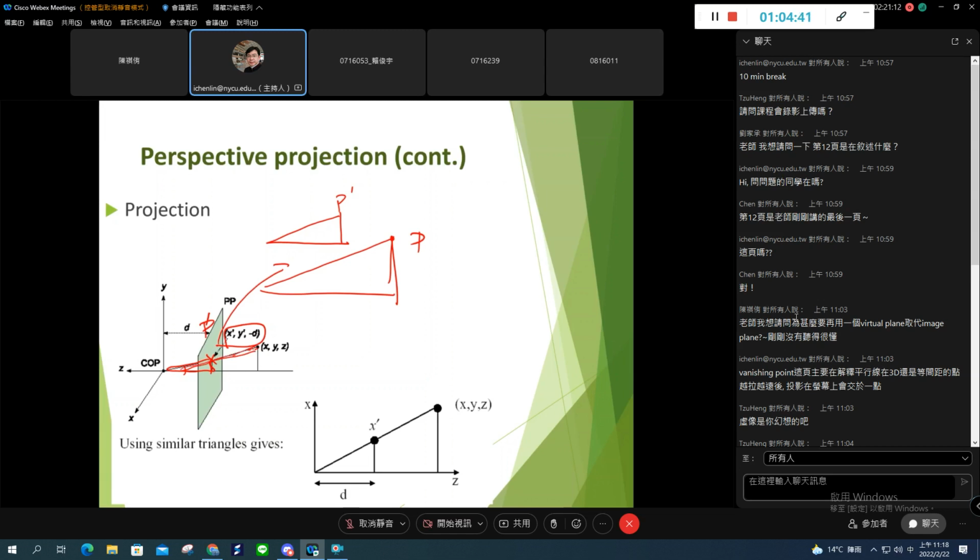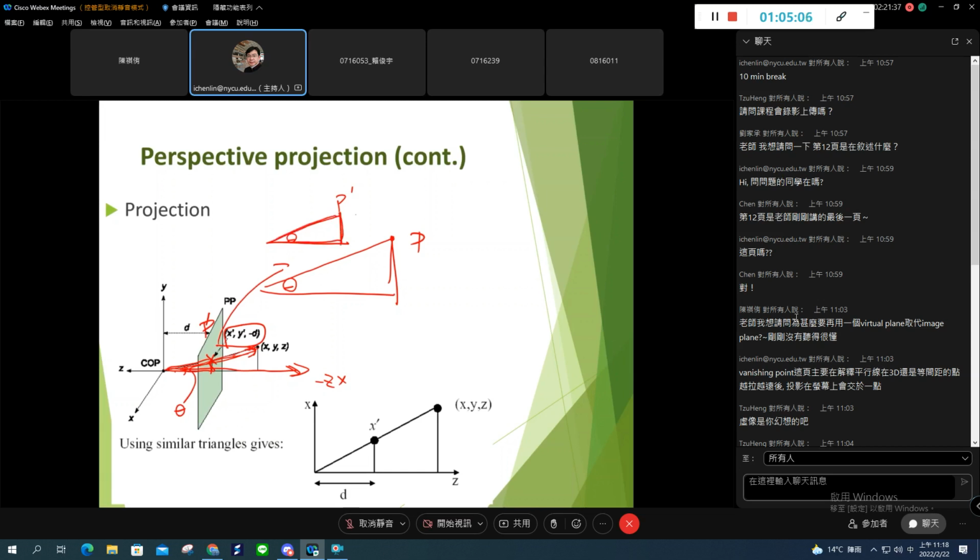Along the same ray. So, for instance, this is the negative z axis. Because the ray over here is identical, for the theta here, we have the same theta here, right? Because this is a similar triangle.